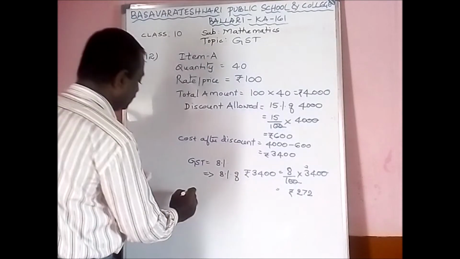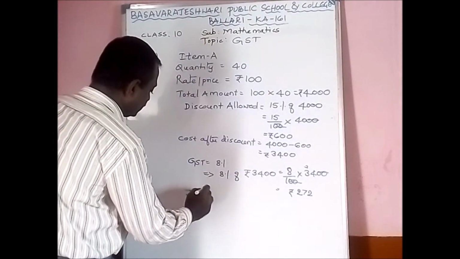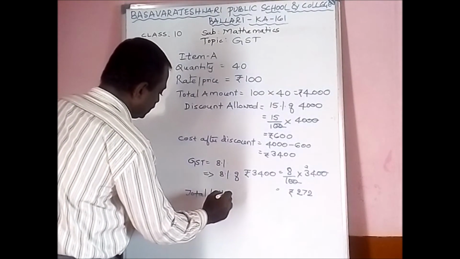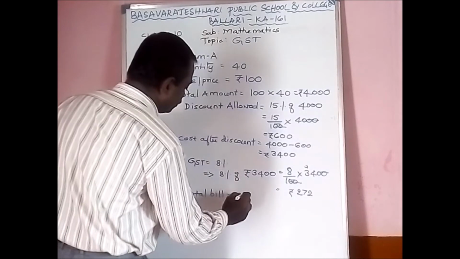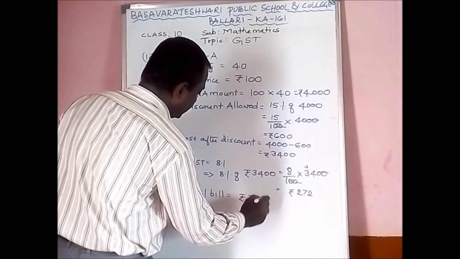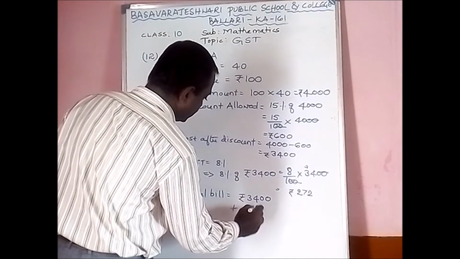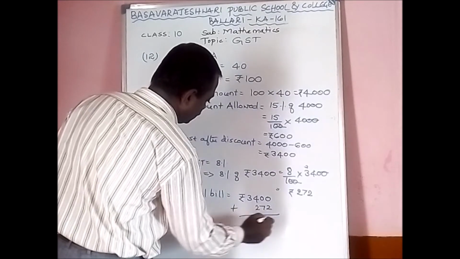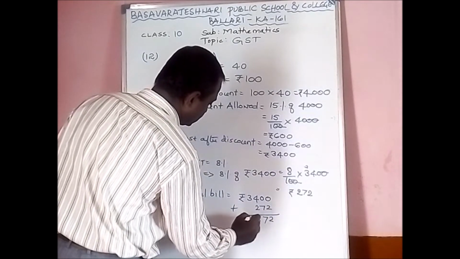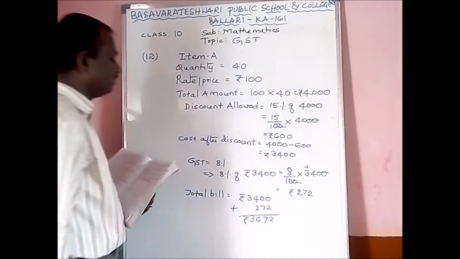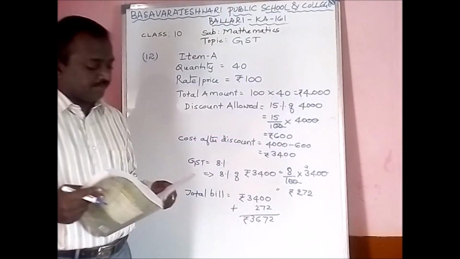Now the total bill is equal to rupees 3,400 plus 272, that is 3,672 rupees, the bill for item A.